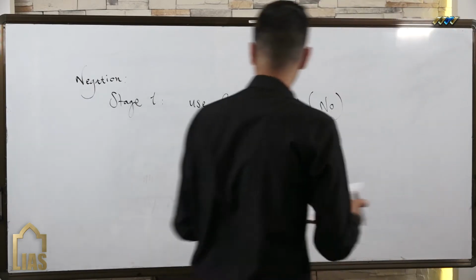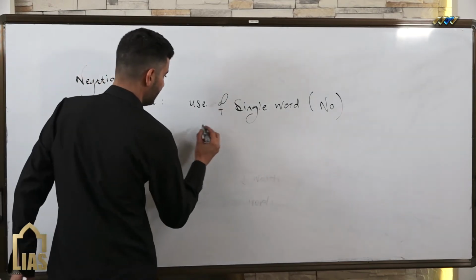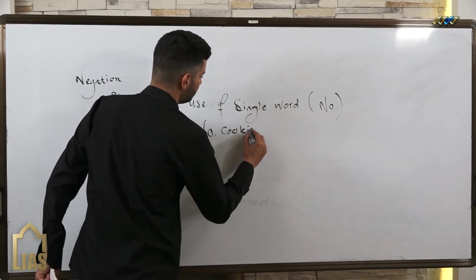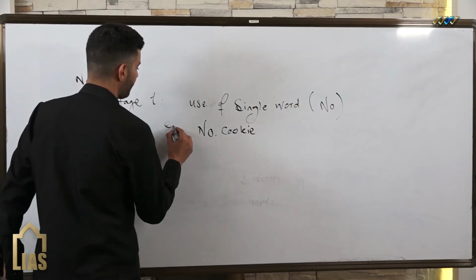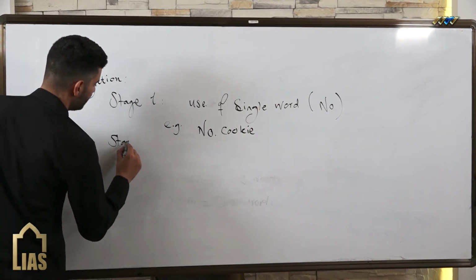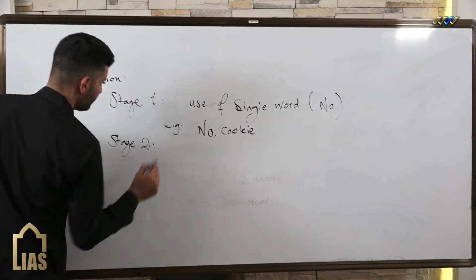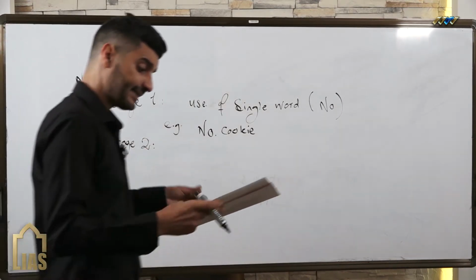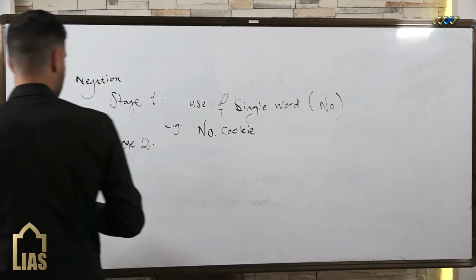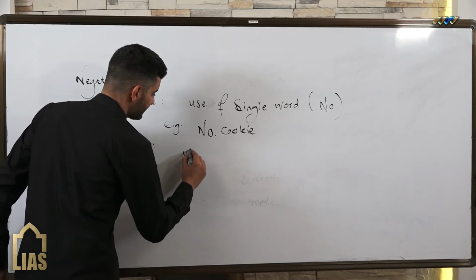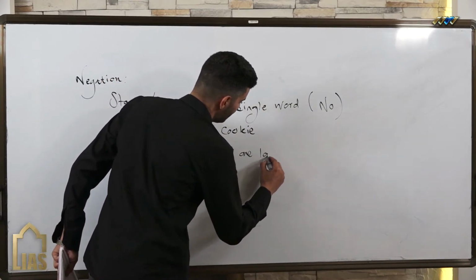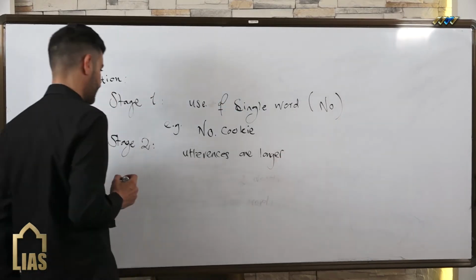Stage 2: utterances, for example, "no cookie". It's stage 2. Utterances grow longer and the sentence subject may be included.